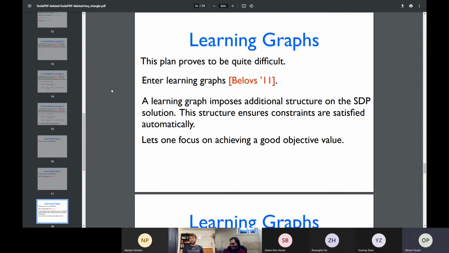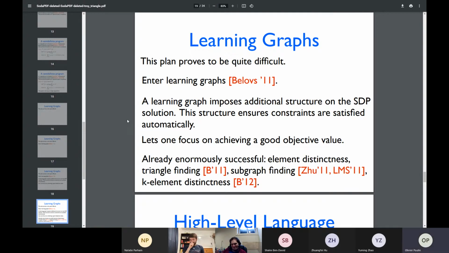And since the constraints are automatically satisfied, you can find one with a good objective value. So although we did just say that it hasn't been used much, apparently it's been used successfully in some problems: element distinctness, triangle finding, etc.